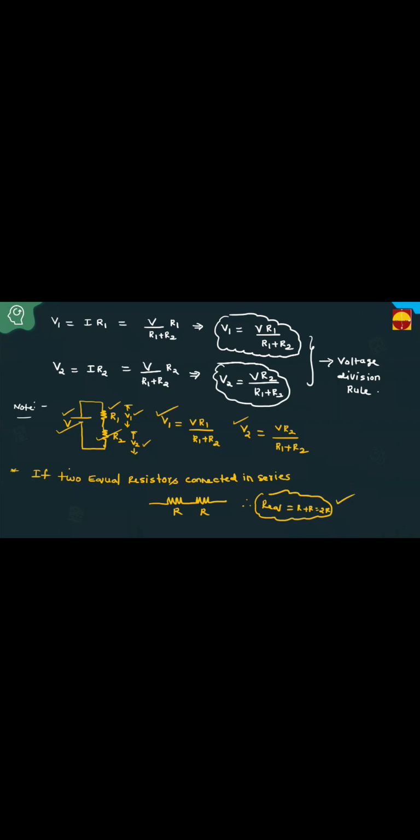For example, if n resistors are connected in series, let them be R1, R2, R3, and so on up to Rn. The voltages across them are V1, V2, V3, and so on.